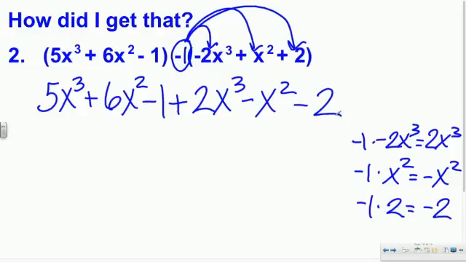And then you might have noticed, it basically changes all the signs in that second bit when you distribute that negative 1. So maybe you took that shortcut, or maybe you did all the work like I did. Either way is fine. All right, well now we've reached the point where we can combine like terms. So let's give ourselves a little more room to work up here. Let's get rid of that. And let's get rid of this and get that out of our way.